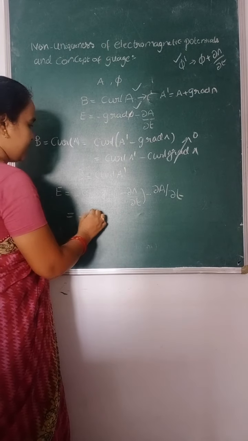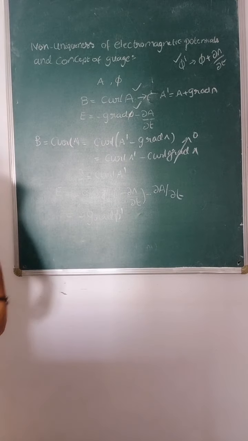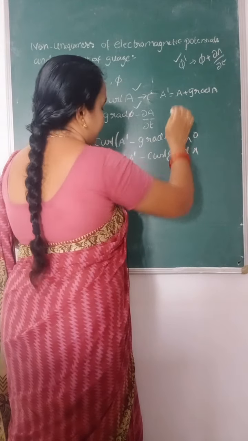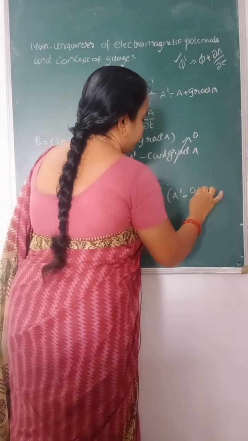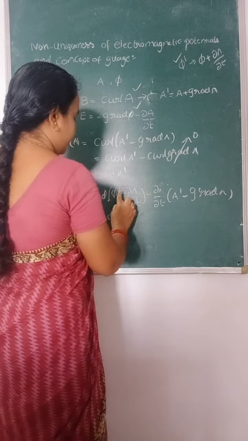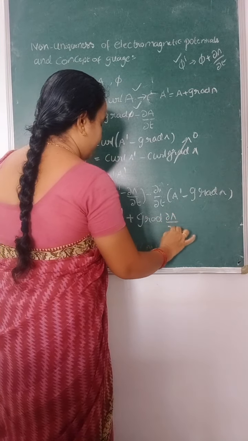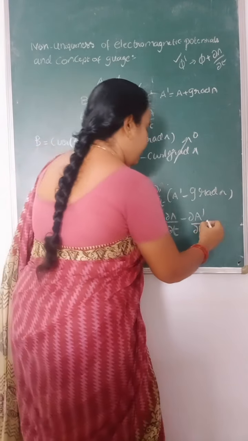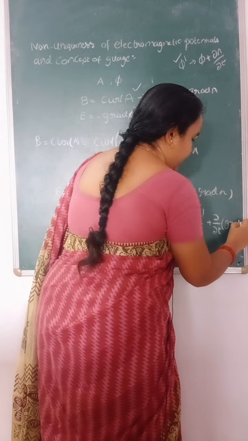That is minus gradient of phi dash, where A is A dash minus gradient of psi, minus gradient of phi dash, minus into minus plus gradient of dou psi by dou t, minus dou A dash by dou t plus dou by dou t of gradient of psi.